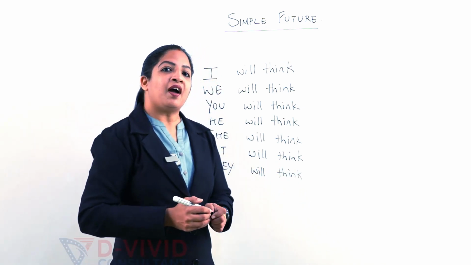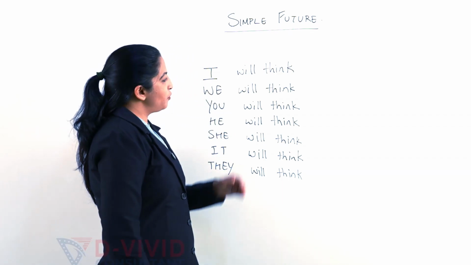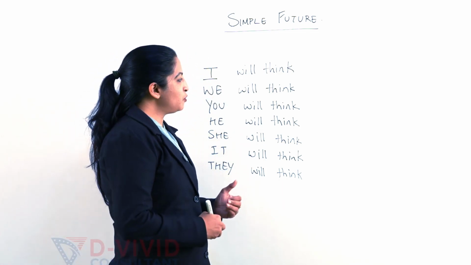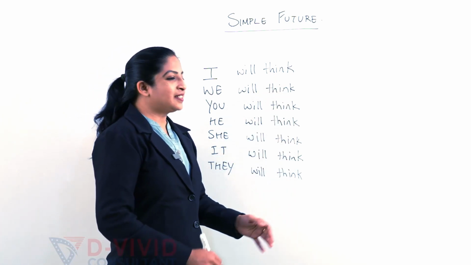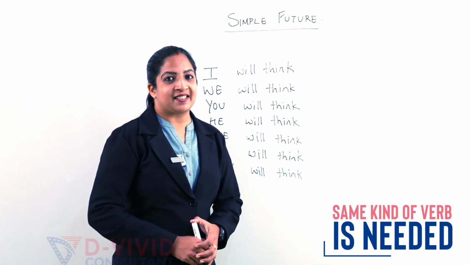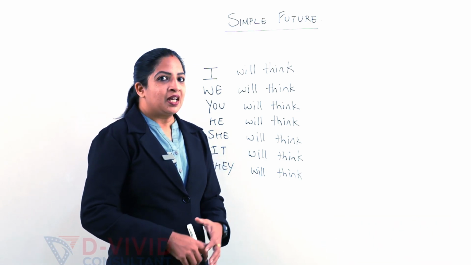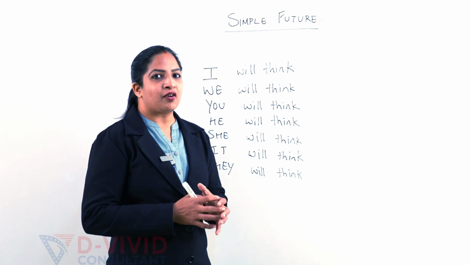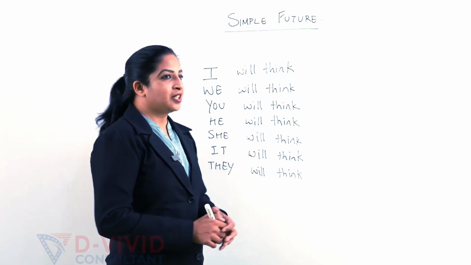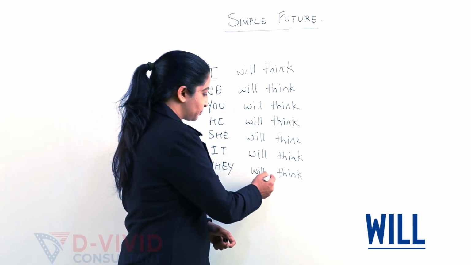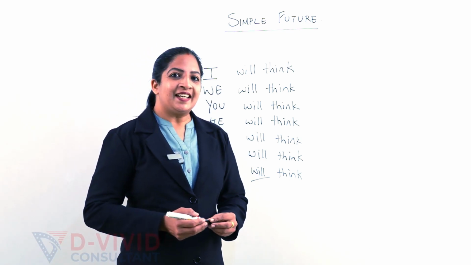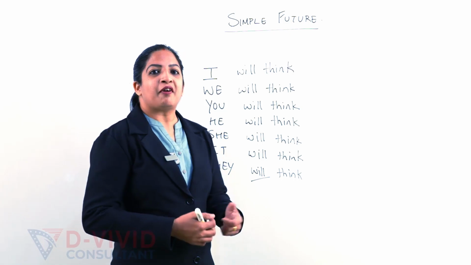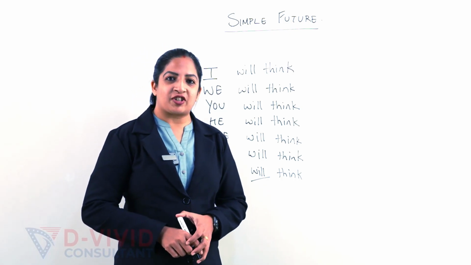Now, if you have noticed, for all these pronouns, in future the same kind of verb is needed. Again here I would like to bring your attention to this word, will. Many of us have confusion whether to write will or shall.